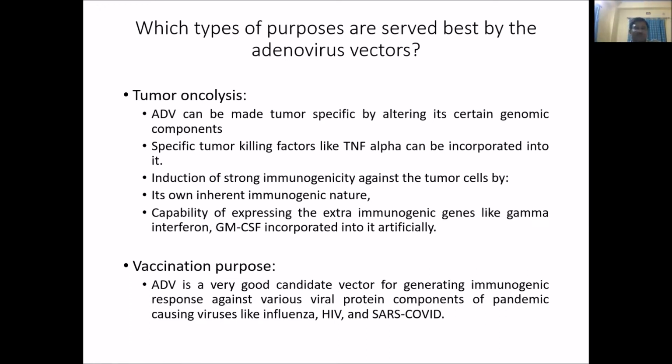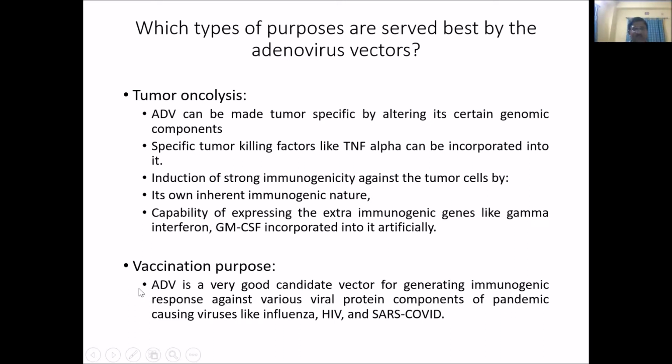into the therapeutic gene. And not only that, the adenoviruses are also capable of expressing some extra immunogenic genes like gamma interferon, granulocyte monocyte colony stimulating factors, and so many other immunological genes. So it can introduce a battery of immunological genes into the tumors, which can express themselves as immunological protein molecules in the tumor cells that can kill the tumors very easily.